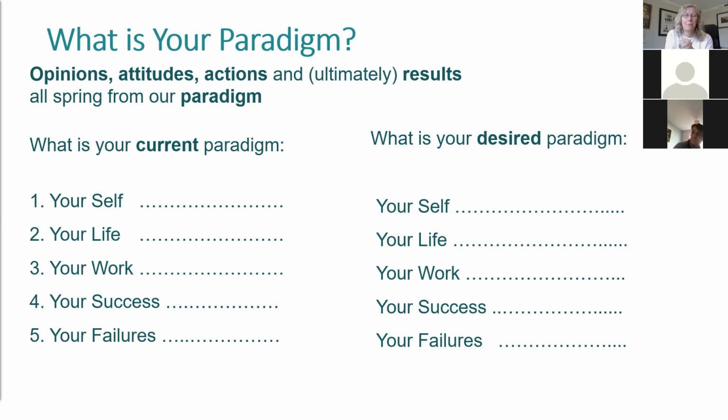If my paradigm of my work is that I'm too busy and I don't get any time for myself, then we would need to look at how we change that to having a steadier pace. And that might mean that we need to reduce our hours or change the way that we're working.